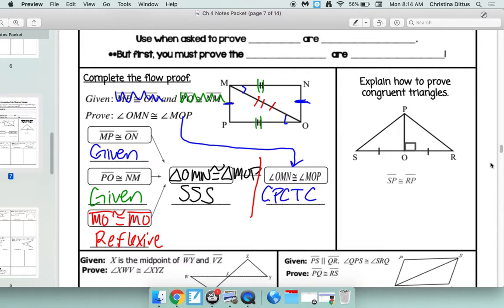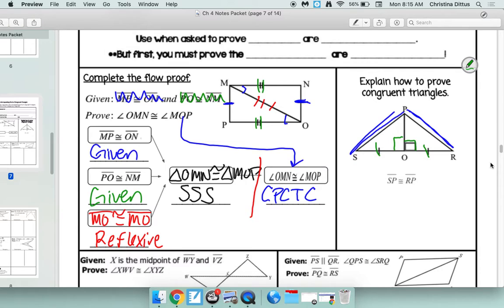Okay. Let's look over here. If I wanted to prove that SP is congruent to RP, so that this dude is congruent to that dude, I already have that those sides are congruent. What else do I notice in my picture? Right angle. I have a right angle. So if this is a right angle, what's this angle?